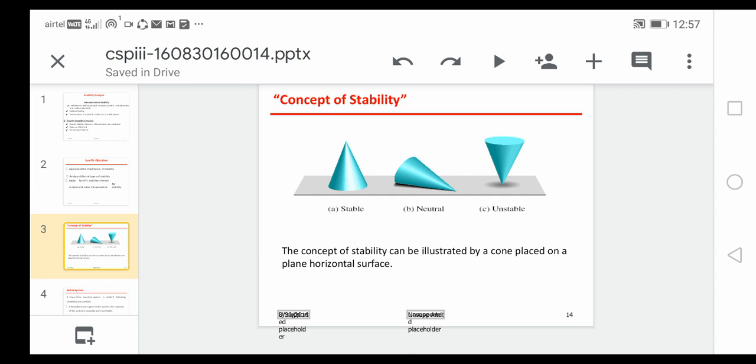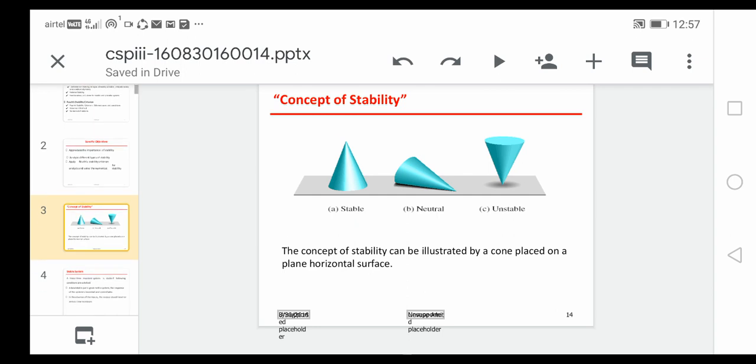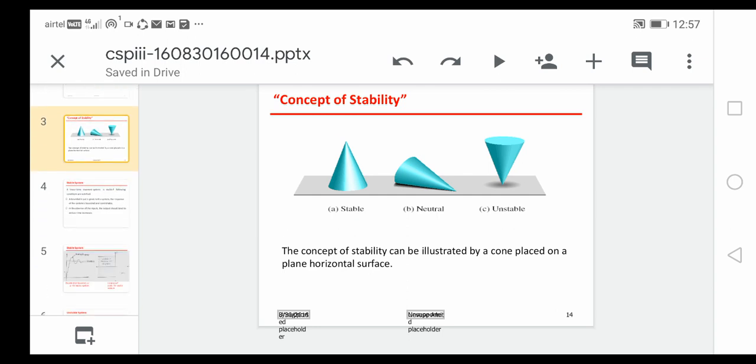Here, how are you going to define the concept of stability? To know the concept of stability, I am considering just a cone example. When is the system stable, when is the system marginally stable, and when is the system unstable? If you take a cone and place it like that, then definitely it will stand.